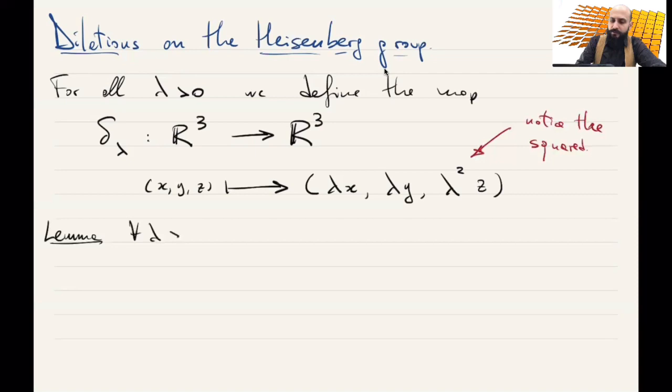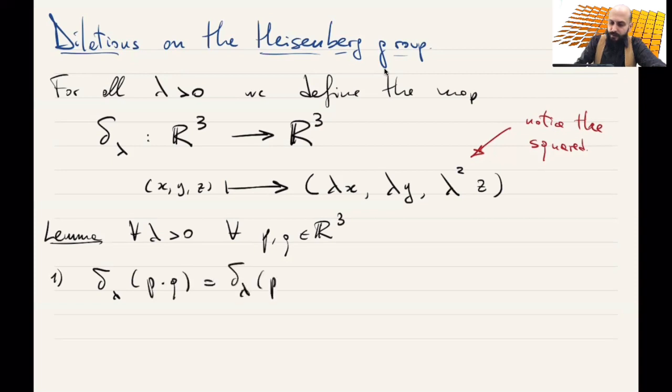For all lambda, and for all p and q in R3, first of all, this map is a group morphism: delta lambda of p times q is equal to delta lambda p times delta lambda q. So delta lambda is a group morphism.